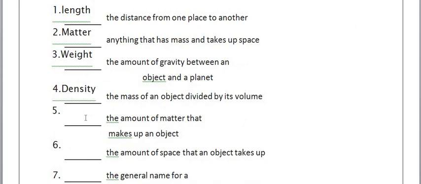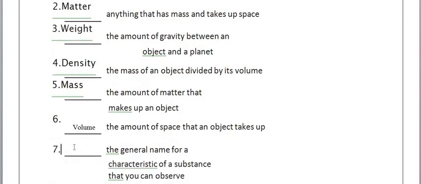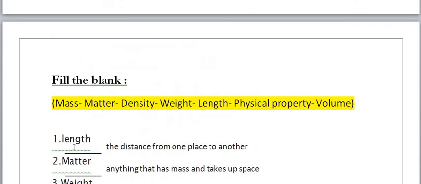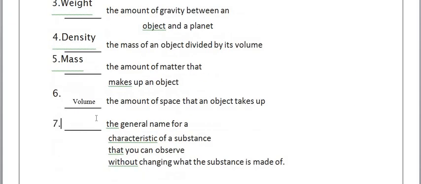The amount of the matter an object takes, this is the mass. The amount of space and not the matter, this is a volume. The general term for characteristics that you can observe without changing the substance it is made of, this is a physical property.